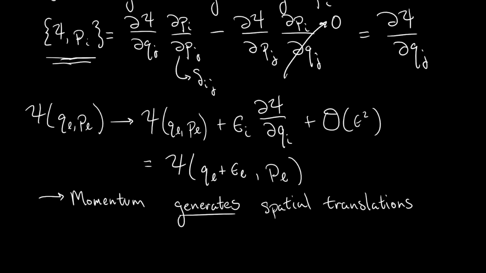If I make a canonical transformation generated by a momentum, then that is just going to give me a shift. It's going to translate me in the corresponding coordinates.